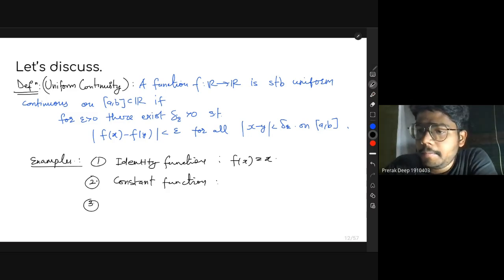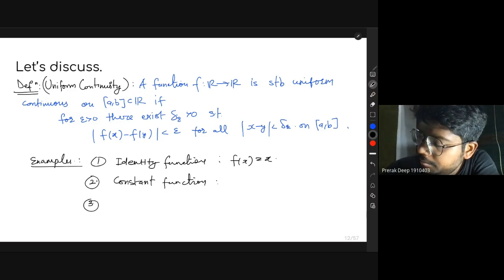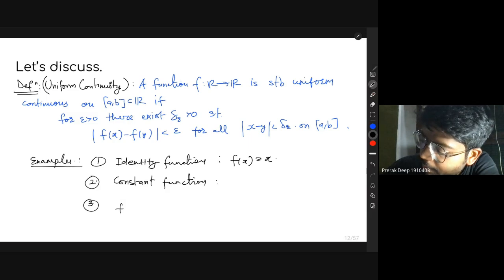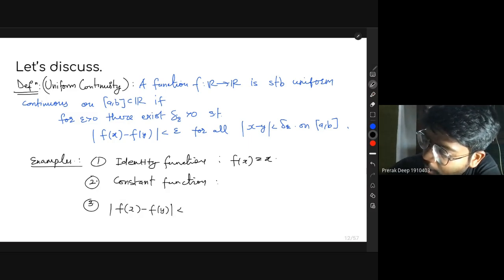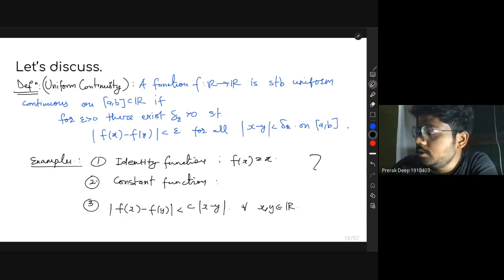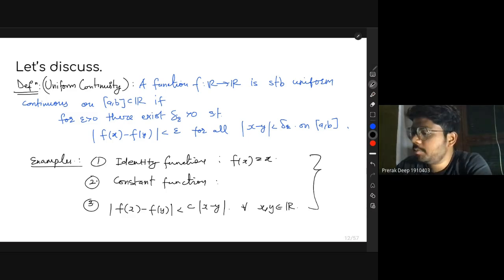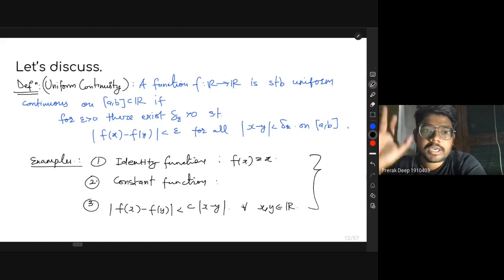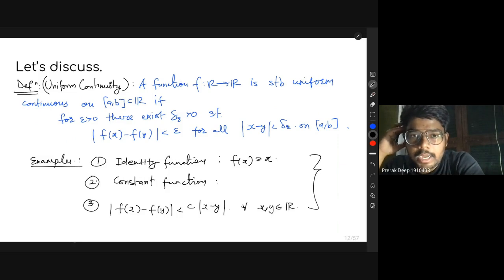So there can be functions of this type, where this is bounded by some constant times this thing for all x, y in R. Such kind of functions. So these are the pretty standard examples of uniformly continuous functions. Okay, so is the definition clear? Are you able to recall the definition?